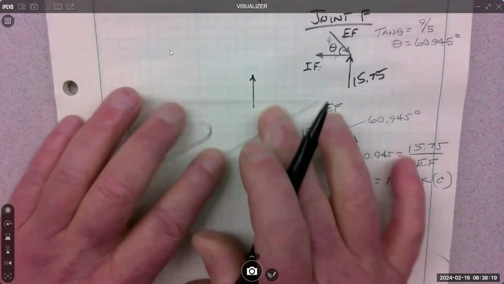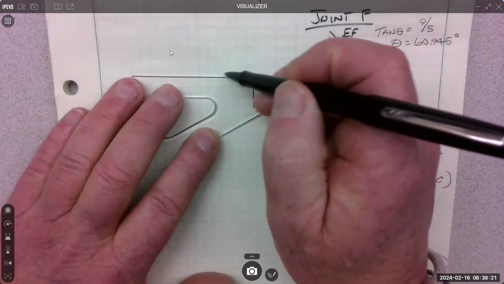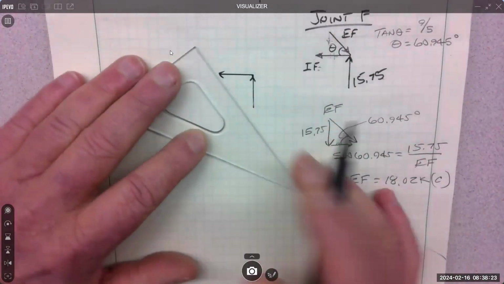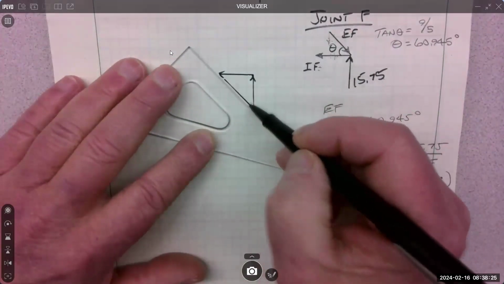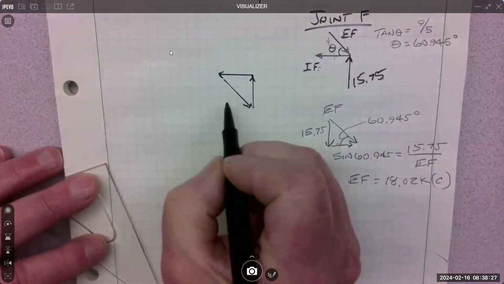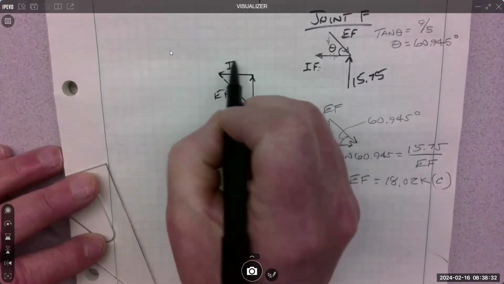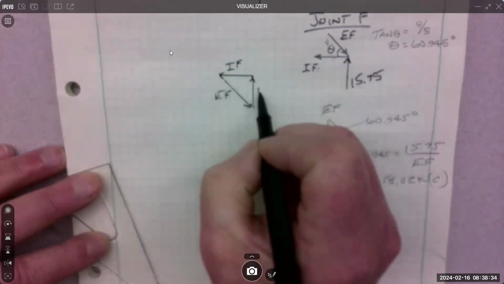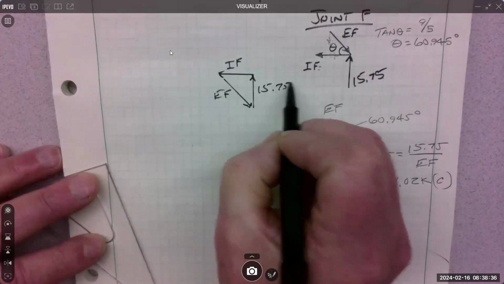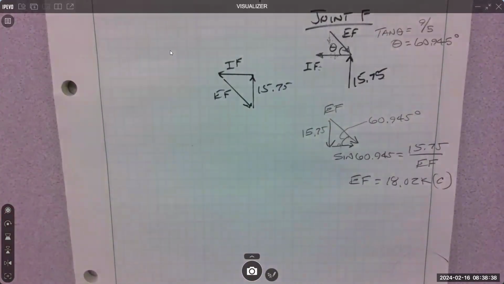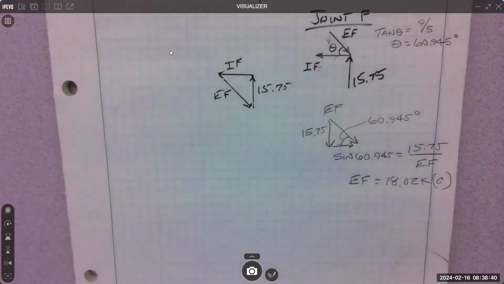So I can go there, there, and there, where this is EF, this is IF, and this is 15.75. If you have a three-force system, it's got to close, it's got to come back to the beginning because it's in equilibrium. You have to dig out the angle and get it in the right spot.